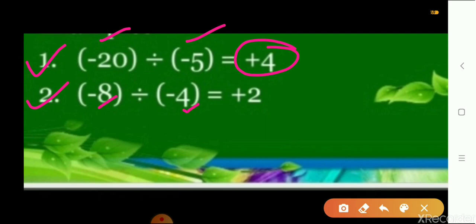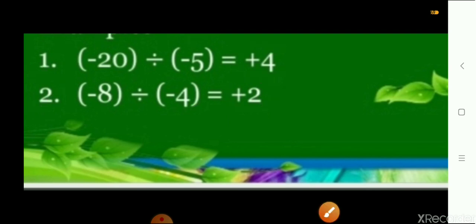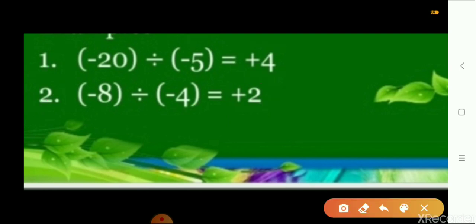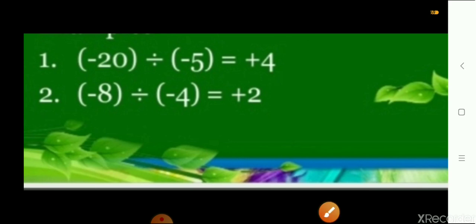Dividing both, we get the result plus 2. So, whenever we divide two integers having the same sign, either positive or negative, we get a positive result. Here we have seen that whenever we divide two negative integers, we get a positive result.